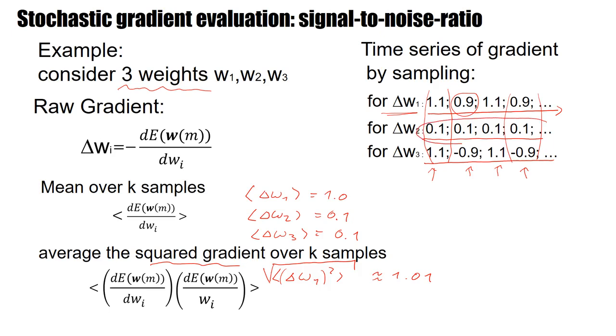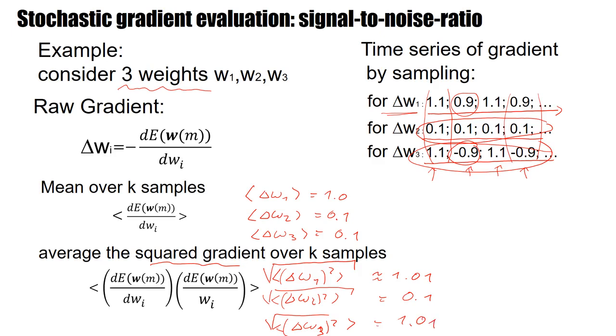Well, doing this for the second weight will be simple. Delta W2 squared, average, square root, well, this is 0.1. Let's now try to do it for the third weight. Well, you see, once I square this, the signs go away, and so here I will get the same result as for the first weight. Squared average gives 1.01.